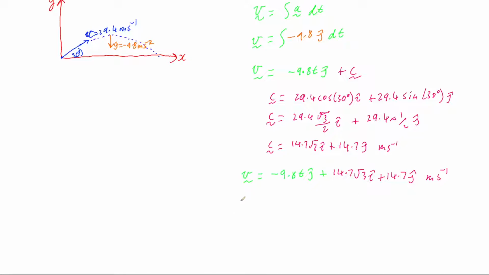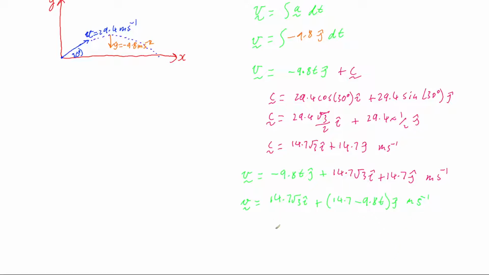And if we write this out as a full vector by adding the j components, we're going to have 14.7 root 3 i plus (14.7 minus 9.8t) j, meters per second.